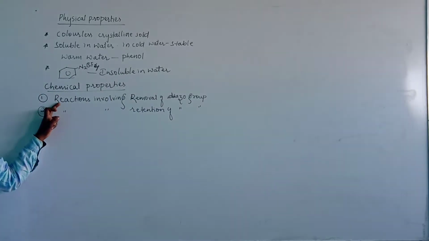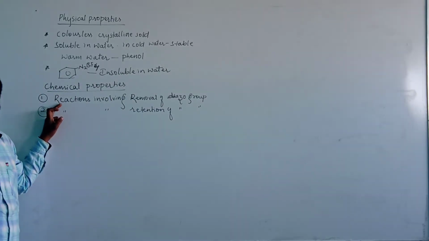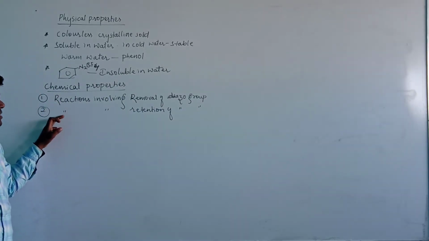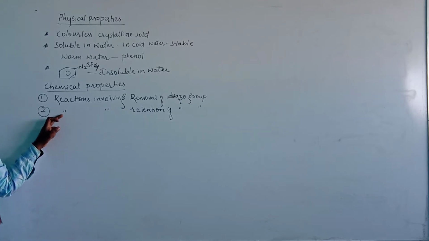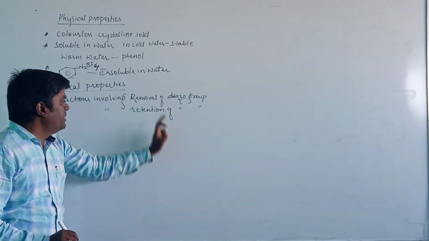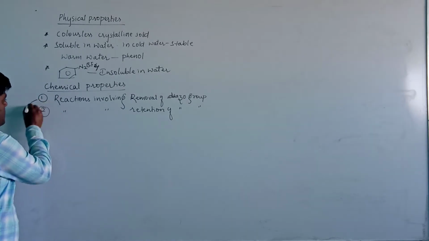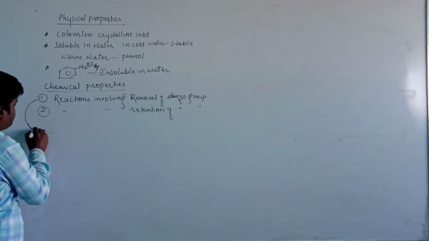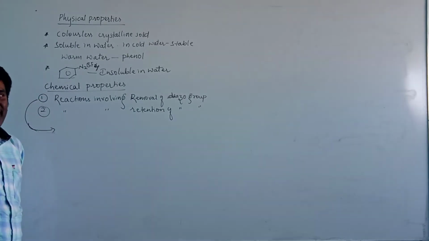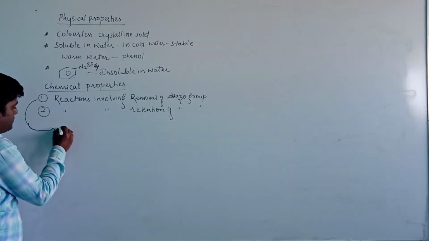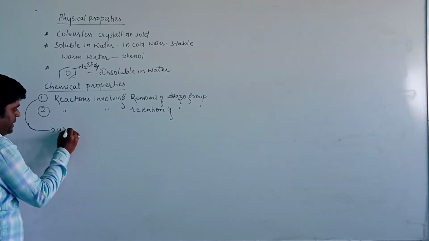In the first type, the N2 will be removed, and in the second type, the N2 will remain the same. So let us take the first one as the main heading: reactions involving the removal of the diazo group.